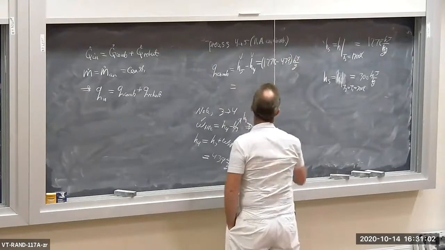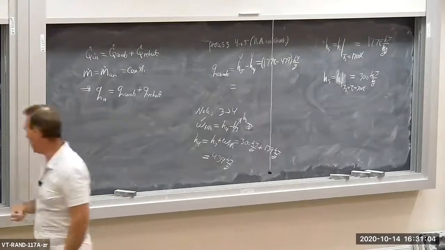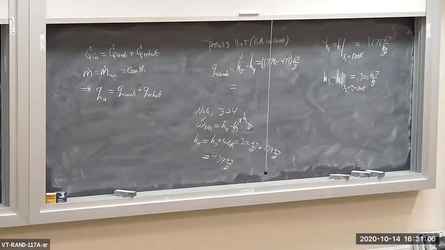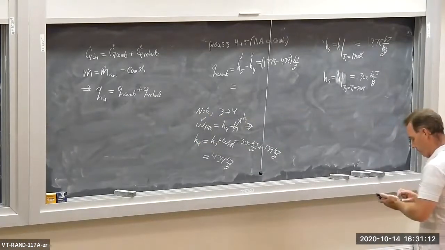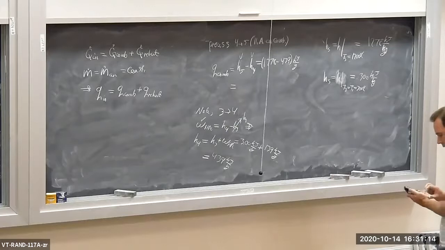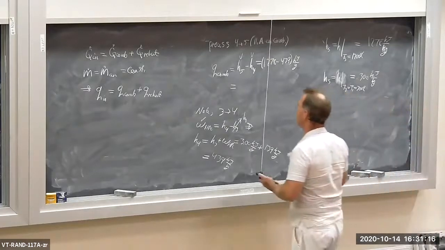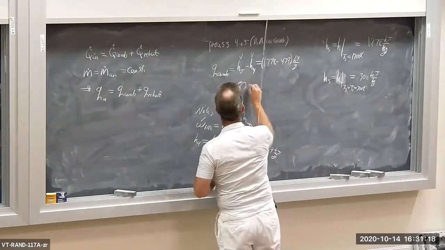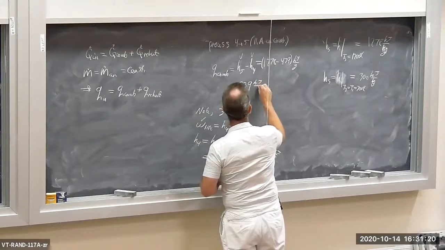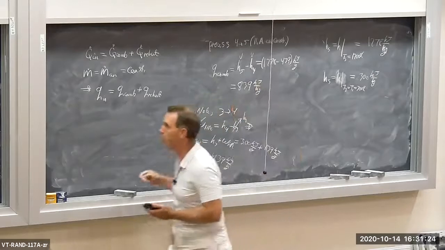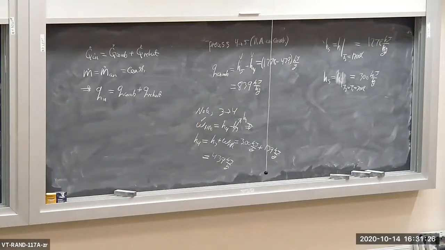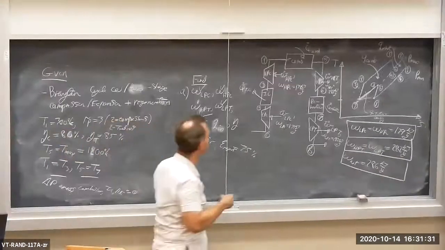I think I need my calculator for that one. 1278 minus 439, I get 839 kilojoules per kilogram. So I'm going to put that down in my diagram here. 839.